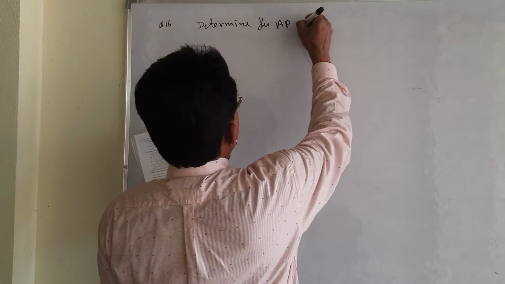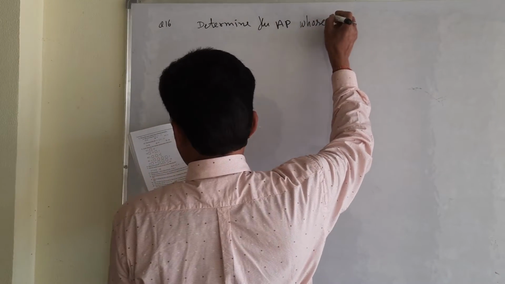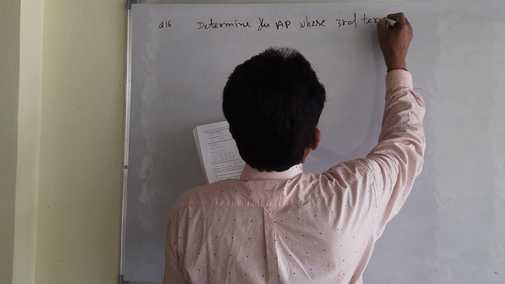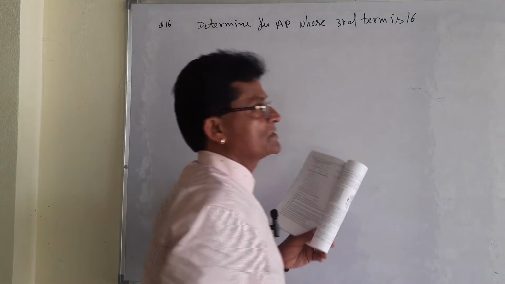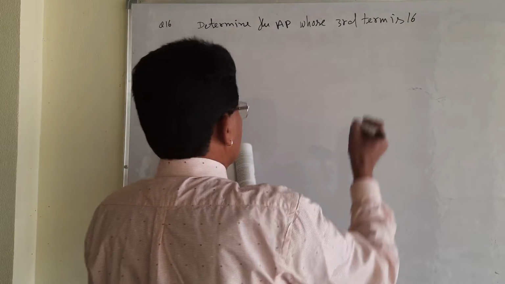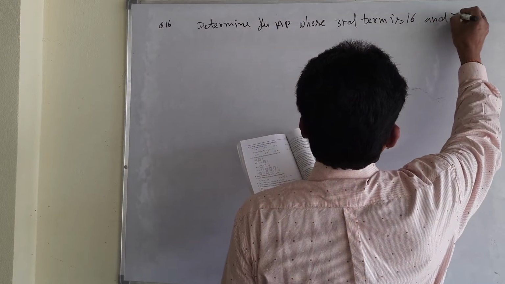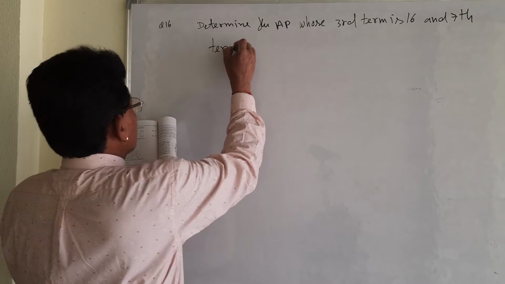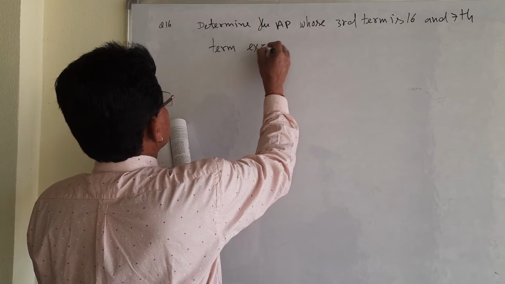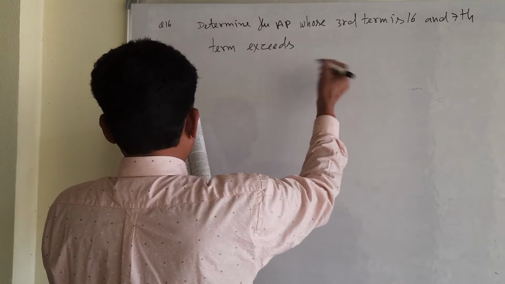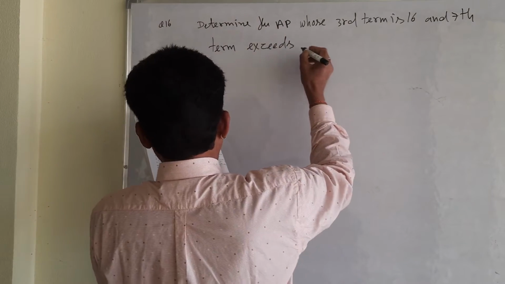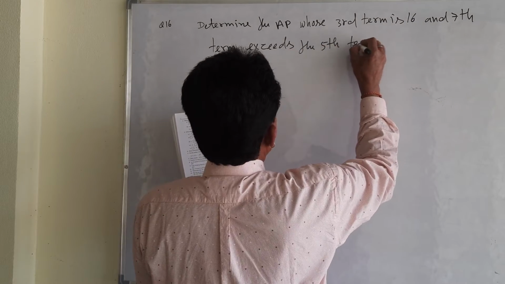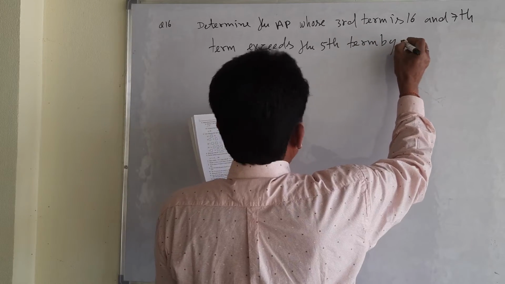Whose third term is 16, and whose seventh term exceeds the fifth term by 12.